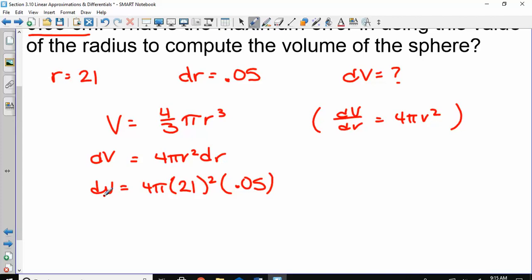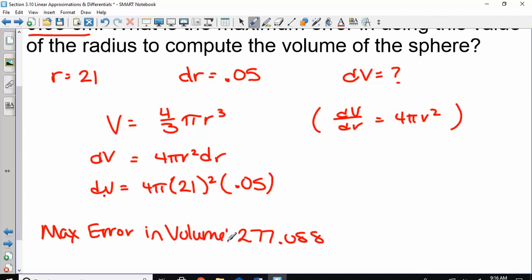And so what did we get? Like 277.088. So that is the maximum error in volume. We were in centimeters, so this would be cubic centimeters.